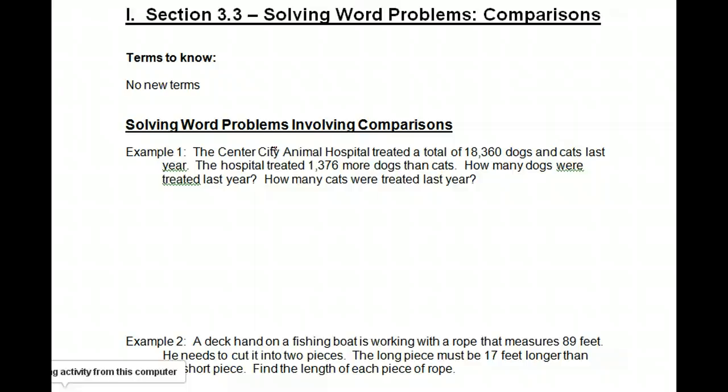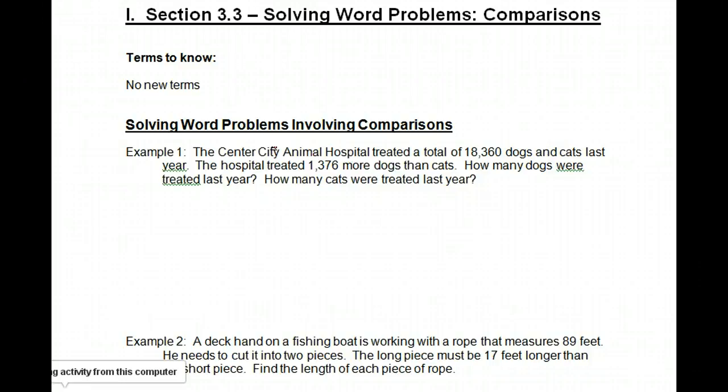Remember our strategy where we focus on figuring out which unknown is based off of the other. Which one do you have to know first in order to figure out the other?